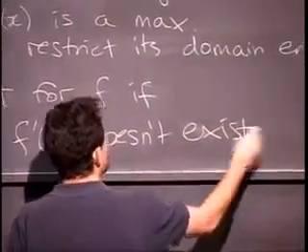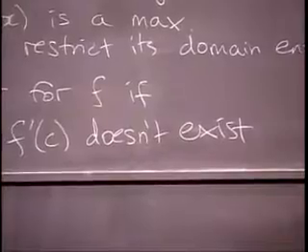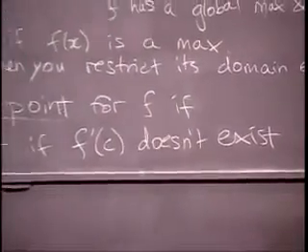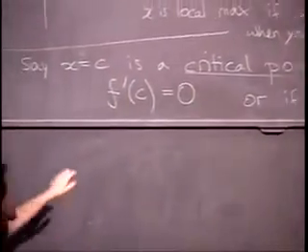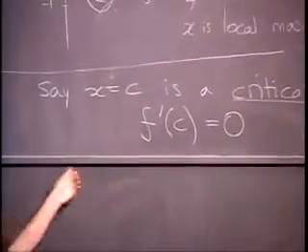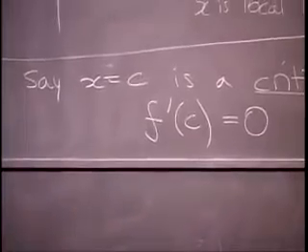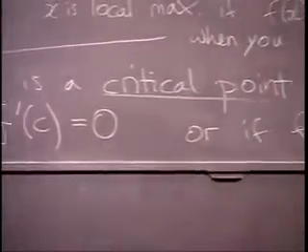Remember, sometimes derivatives don't exist. Function can have corners, and I'm going to consider those to be critical points. Sometimes, I don't know, this is the only definition, but I'm going to say that both possibilities could occur, and I'm going to call it a critical point.